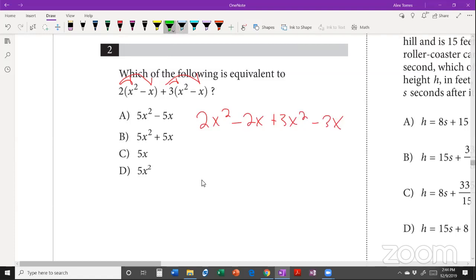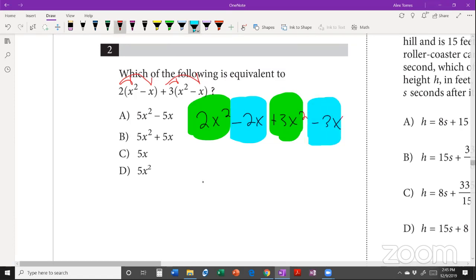Now we can see that these two are like terms with one another, and so are these two. So we'll combine the two green ones and the two blue ones. So 5x squared minus 5x takes us to choice A, and number 2 is A.